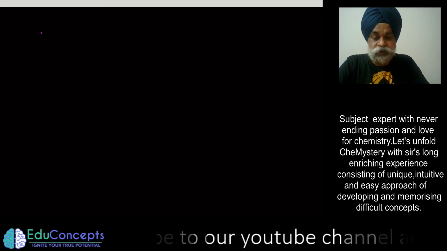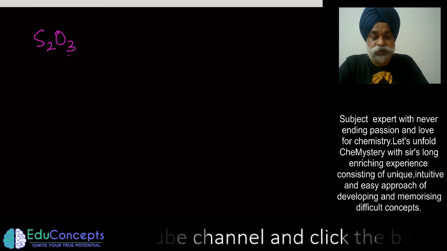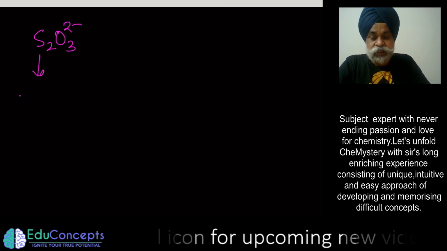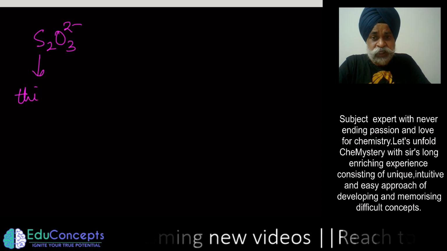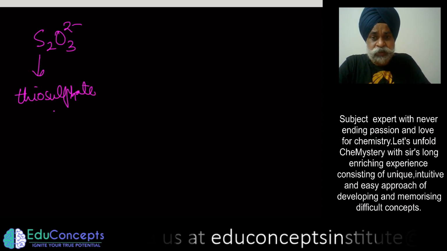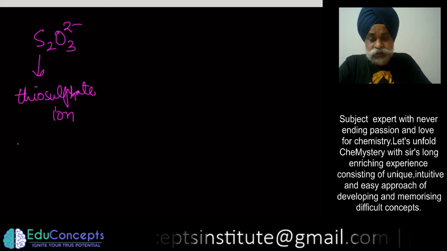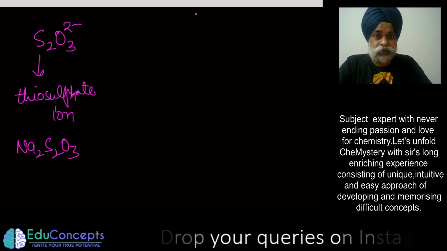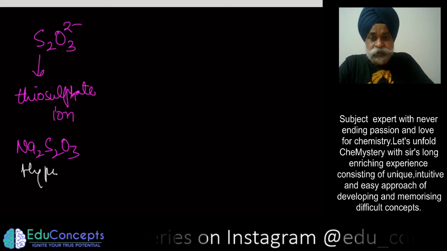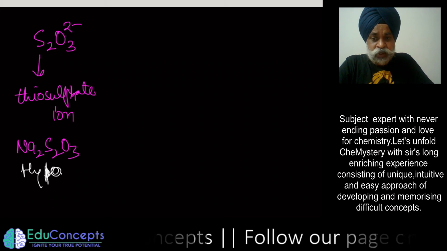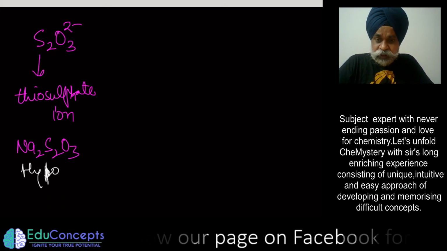One more point I could take is that this also is a very important compound of your syllabus. This is called the thiosulfate ion. This is derived from the compound which we call hypo. This is its trade name or commercial name or common name. Let me write it once again.